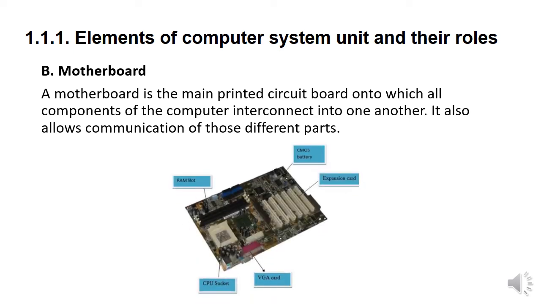Here we have a motherboard, and some parts which are found on it. For example, this part shows the place where the central processing unit is inserted. It is called a CPU socket, meaning a place on a motherboard where the CPU or processor is inserted.